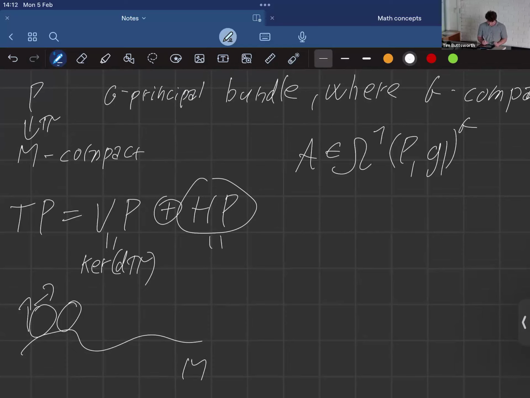And then the horizontal distribution is the kernel of our A. Now, there are two conditions which we're going to put on A: something called G equivariance, and also that it must reproduce action vector fields. But I have only 20 minutes, so just imagine some properties of our A. It's not any one form, it's a one form with two special properties. I'm going to mention the properties probably right in the first talk, but for now, it's just a special type of one form whose kernel gives us a complement to the vertical distribution.